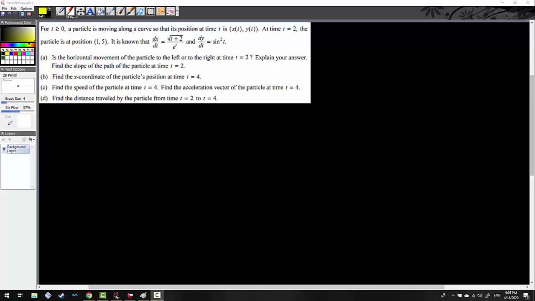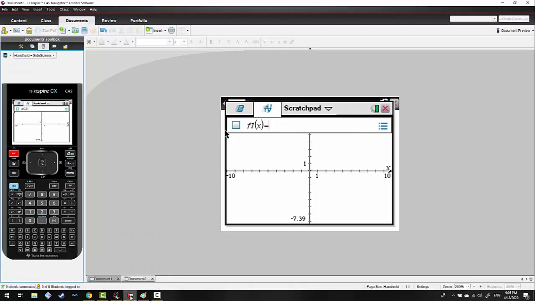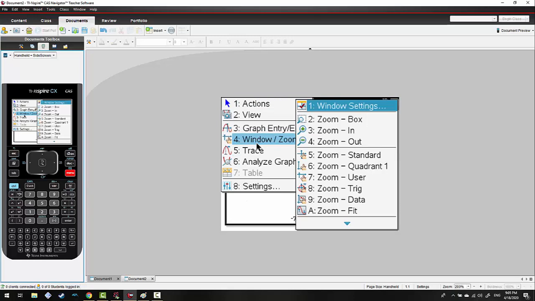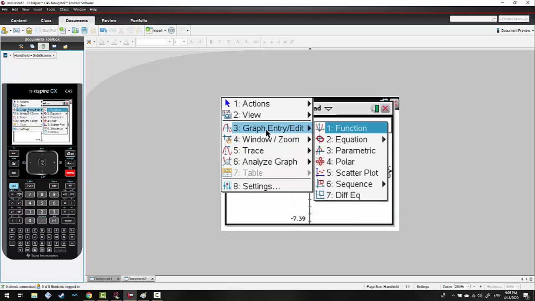Before we get started, I do want to review real quick how to put these things into the calculator, because this is a calculator problem. So we'll go to our trusty TI-Nspire CAS, and right now I'm in the F1 function. I could put them in as independent functions, but instead I'm going to switch modes and put them in as a parametric function.